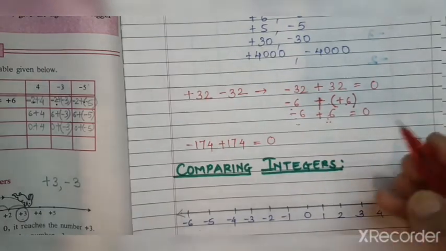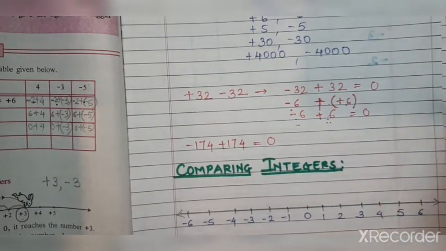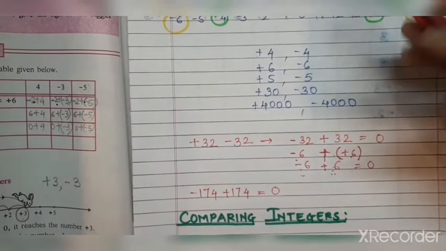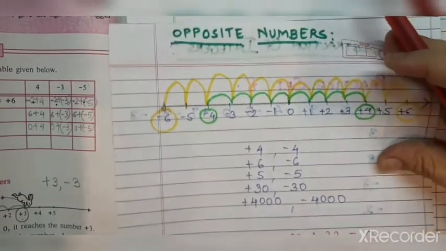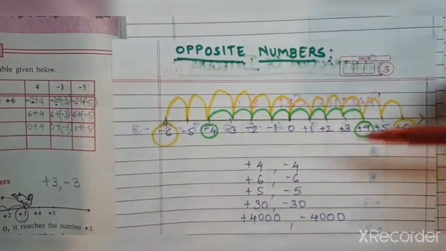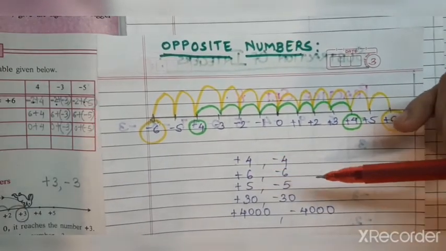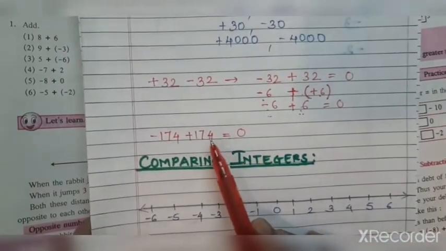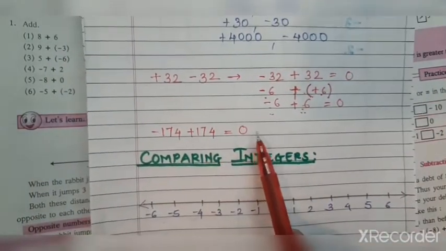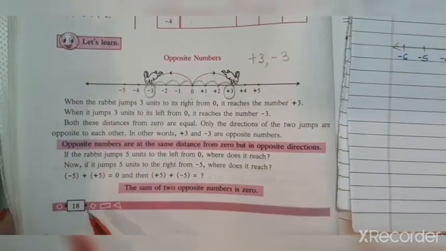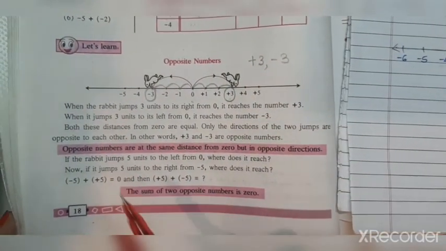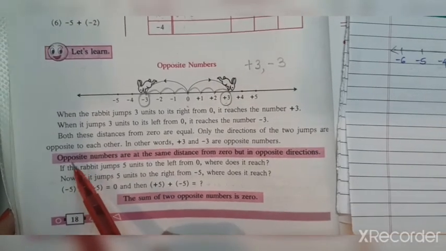So these two things we have studied. First thing is about opposite numbers. I hope you are clear with what opposite numbers are. They are just the same numbers with different signs. And when there are two opposite numbers and you have to solve, the answer is always 0. The statement is given on page number 18, right at the bottom of the page.